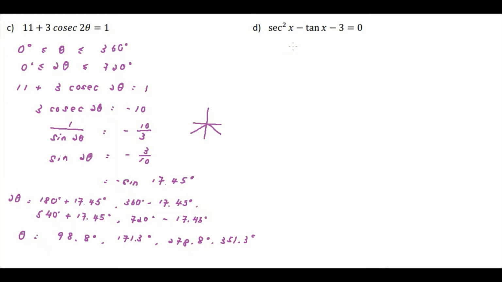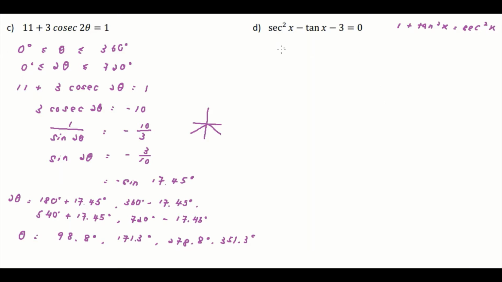Okay, so from just now the identity, do you still remember the second one? It will be equals to what? Yeah, so we have an identity that tells us that 1 plus tangent square x gives us secant square x. Okay, so now we can always change this part.